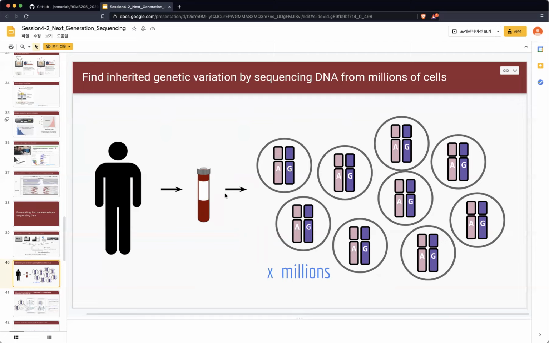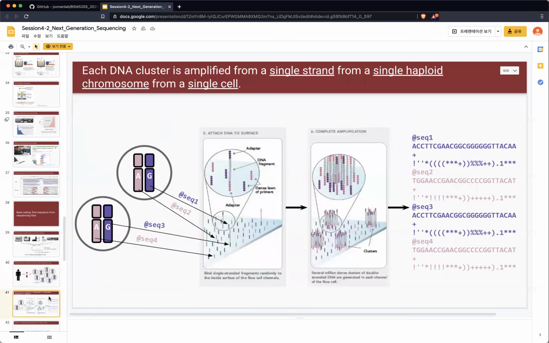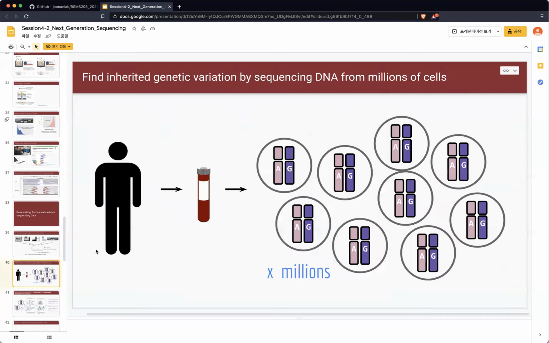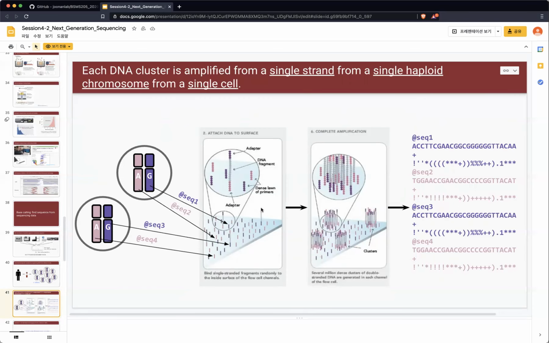If you look at the blood sample, you have lots of cells in the blood, and each cell has DNA, the nuclear genome. You collect the DNA from the blood, and that process we call extraction. So you extract the DNA from the 5 ml of blood. That will be a few tens of micrograms of DNA, right?